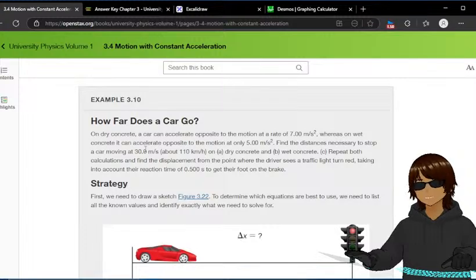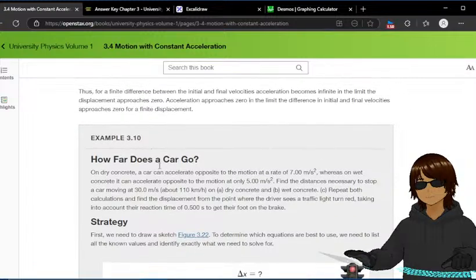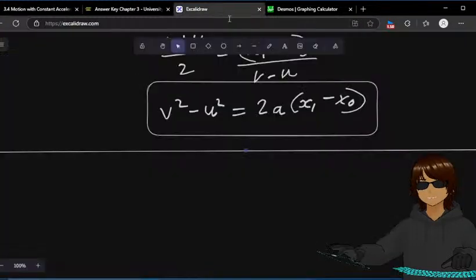Find the distance necessary to stop a car moving at 30 meters per second on dry concrete and wet concrete. Repeat both calculations and find the displacement from the point where the driver sees the traffic light turn red, taking into account the reaction time of 0.5 seconds to get their foot on the brake. Okay, on dry concrete, so let's try part A first.